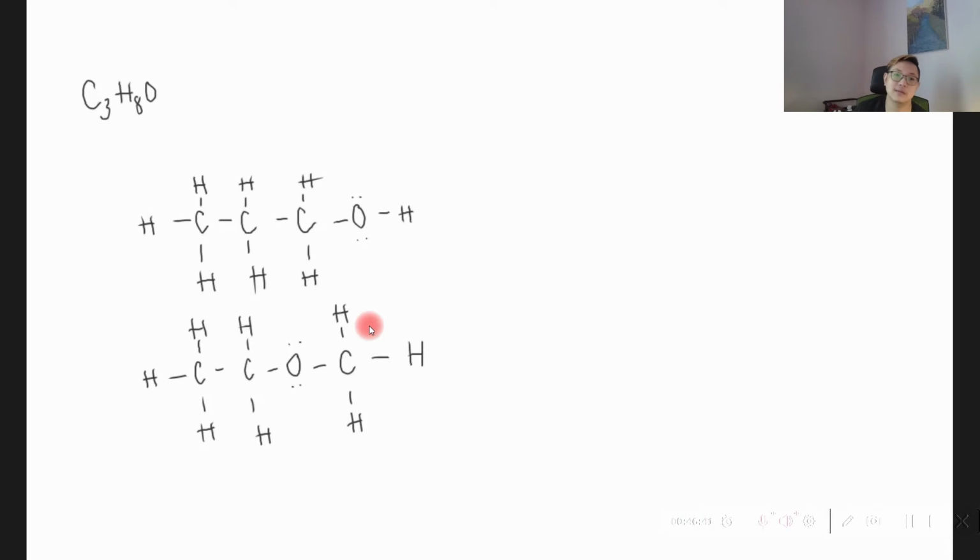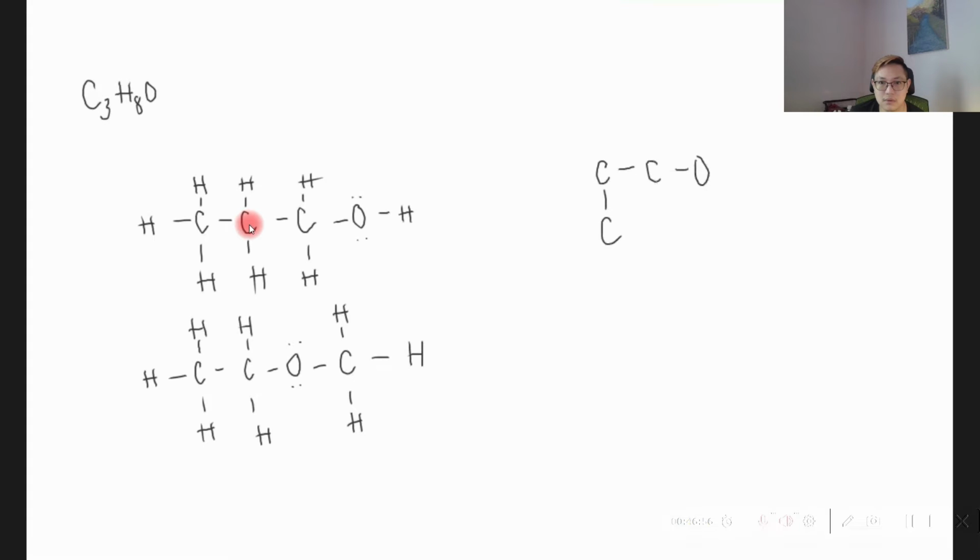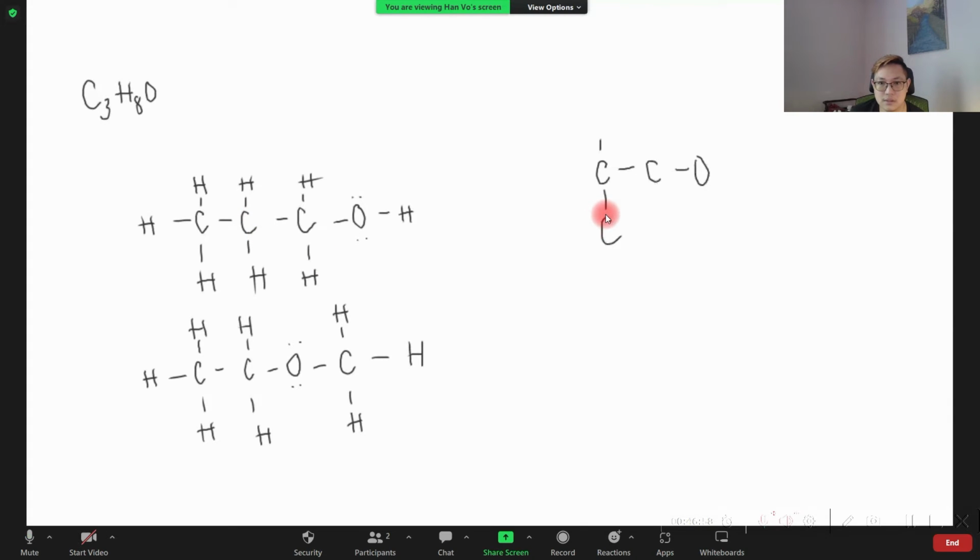So think about the fact that the C in the middle can move down to the bottom. You mean like that? Yeah. Okay, the C that connects to the OH.